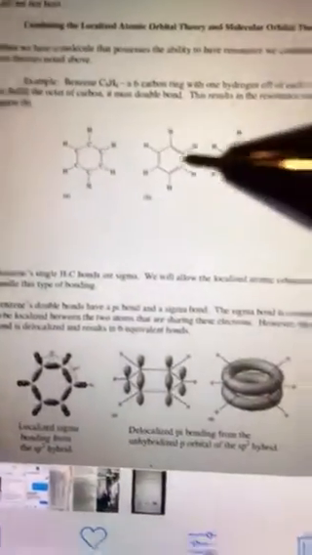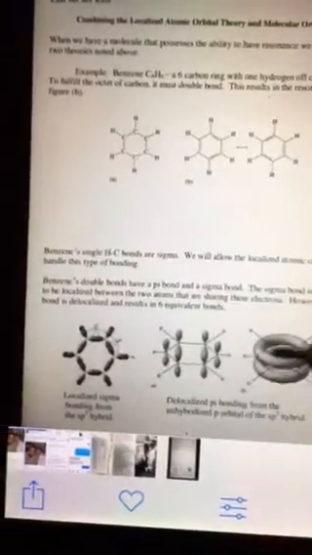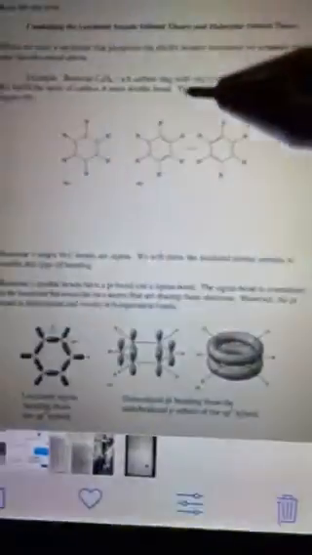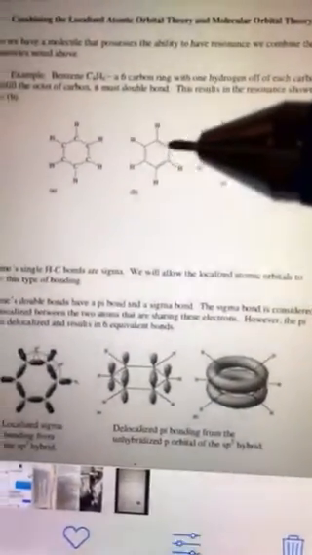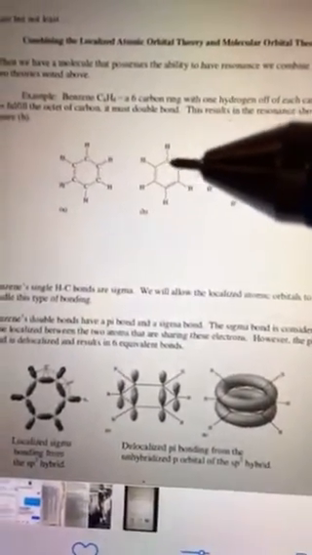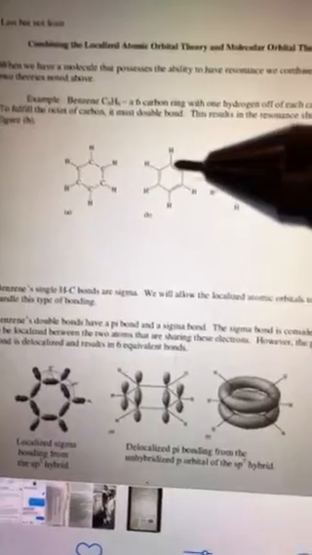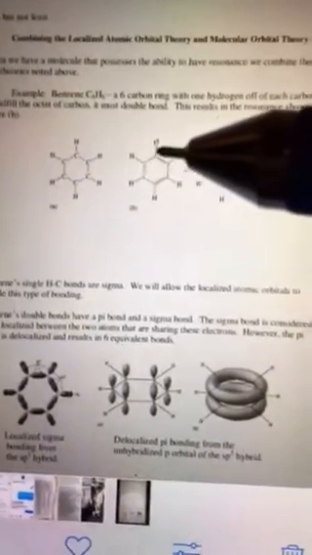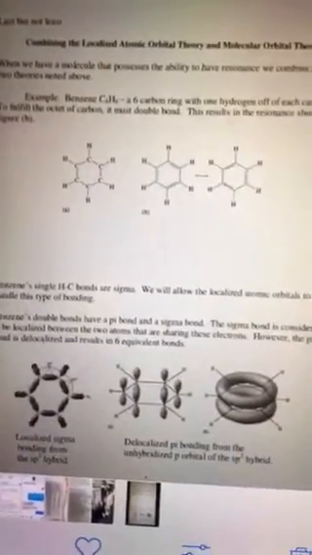What we're going to say is this, and this is basically what's being shown in the picture. Notice that on this atom, that carbon right there that I'm pointing at, has 1, 2, 3 domains.